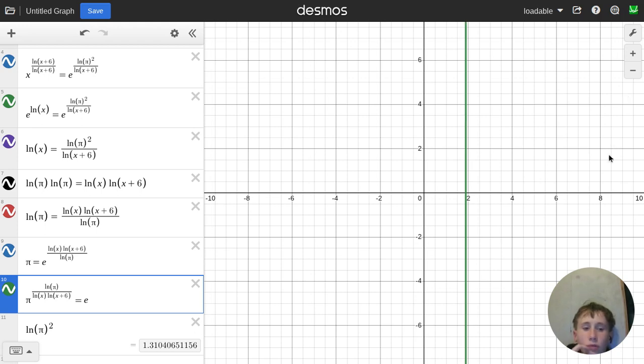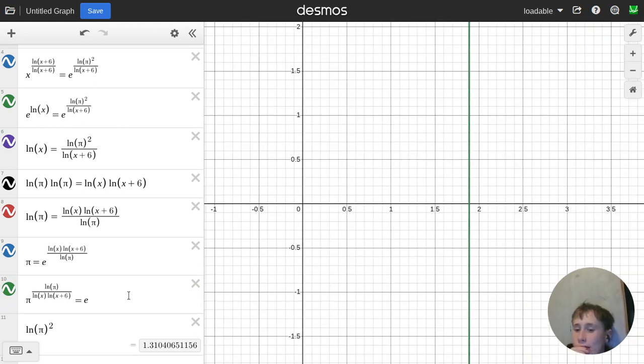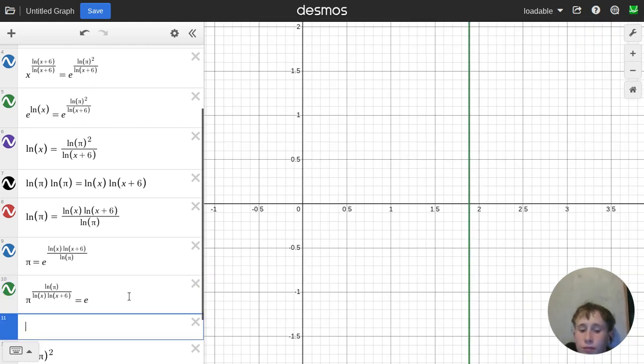So the reciprocal can be transferred. Pi.